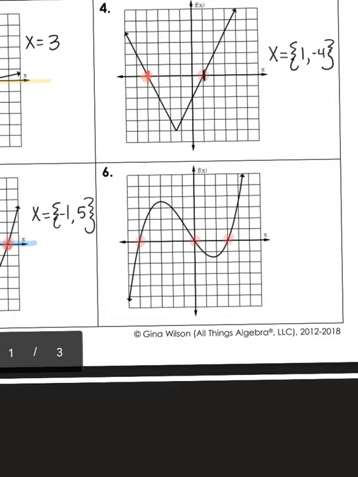There are 3 zeros. x equals, so the first one's at 0. We know that. The next one is, so let's count, -1, -2, -3, -4.